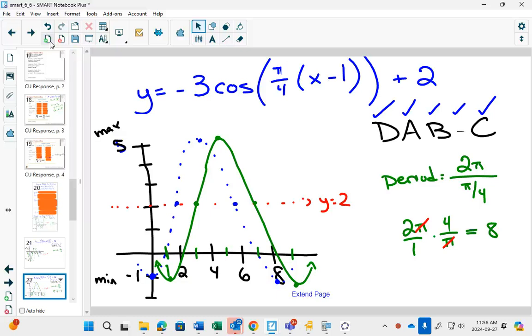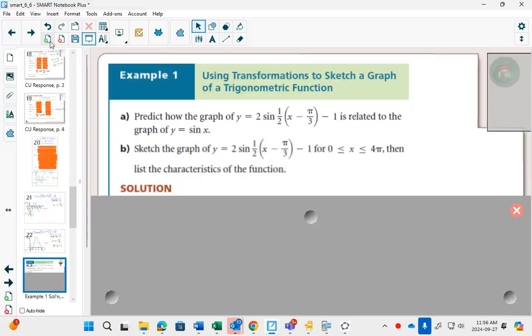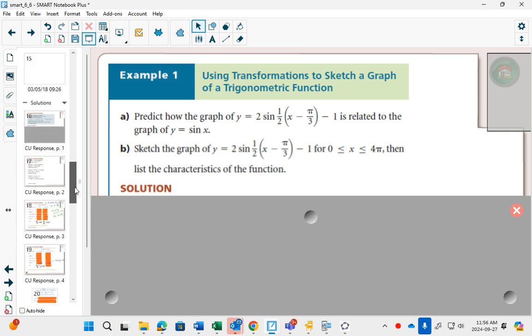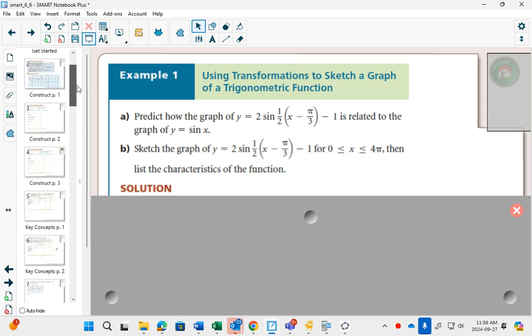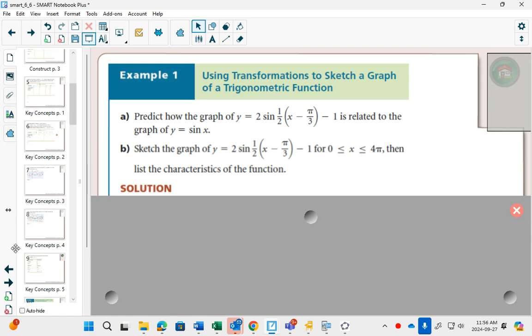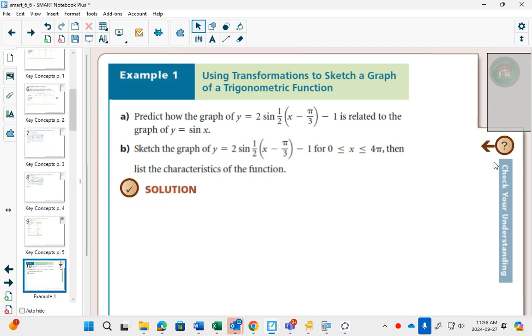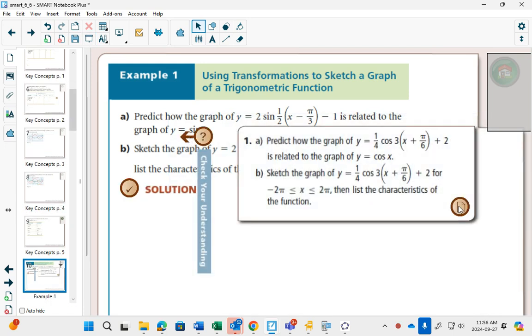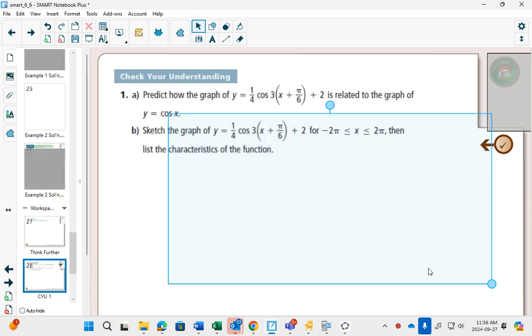So with that we have time to do example 1, and example 1 is more of the same. So if we scroll, we're going to skip A. Well, we're going to do A very quickly.